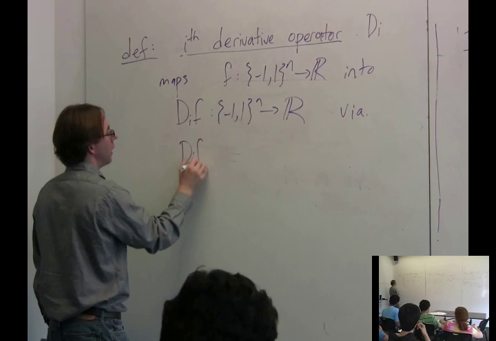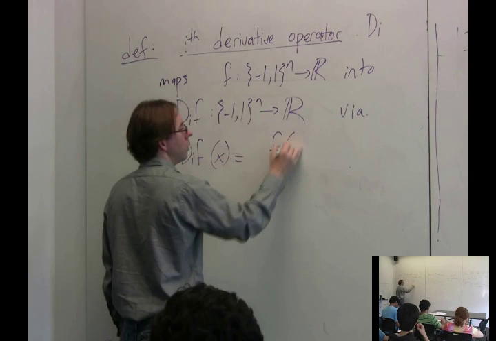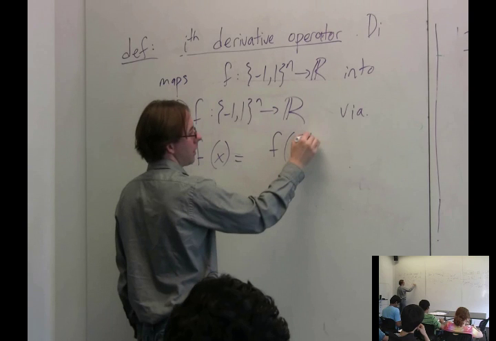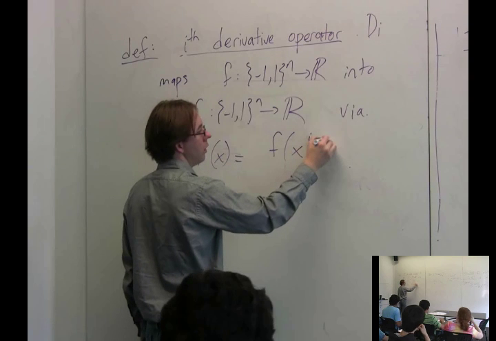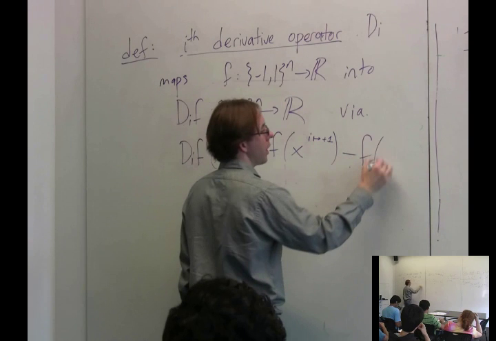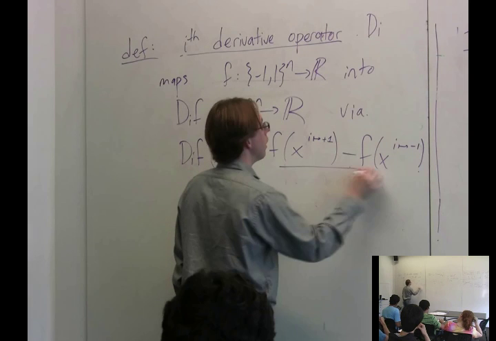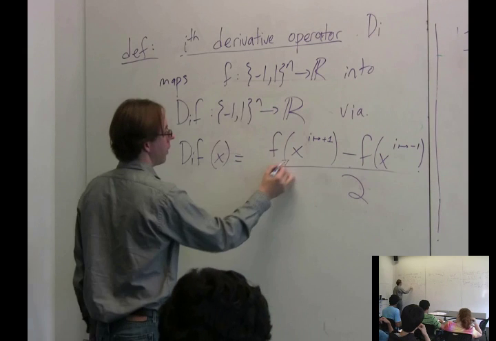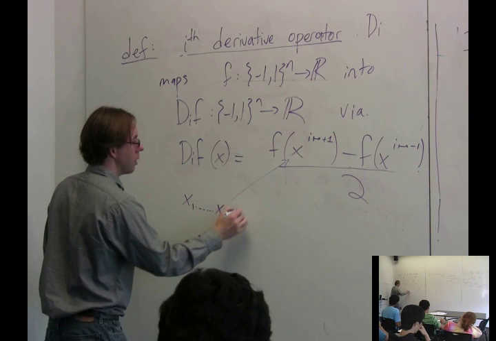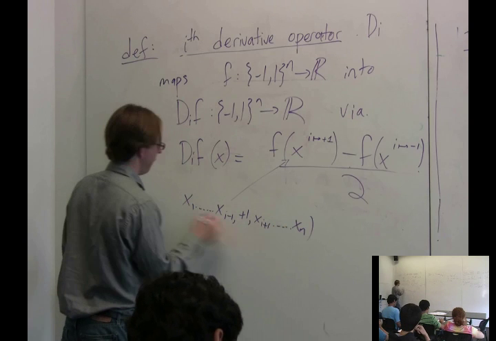To evaluate D sub i of f at x, first you take f of x with the ith coordinate of x fixed to be plus 1, you subtract the value when you fix the ith coordinate to be minus 1, and you divide by 2. So this thing means f of x1 through x i minus 1, plus 1, x i plus 1 through xn, and similarly for minus 1.